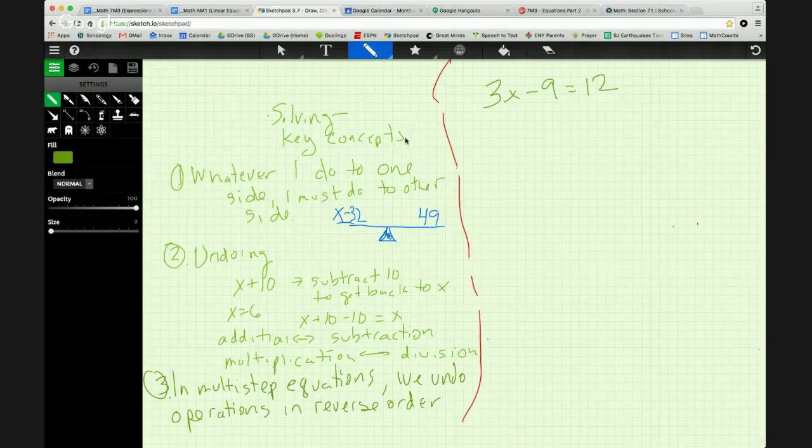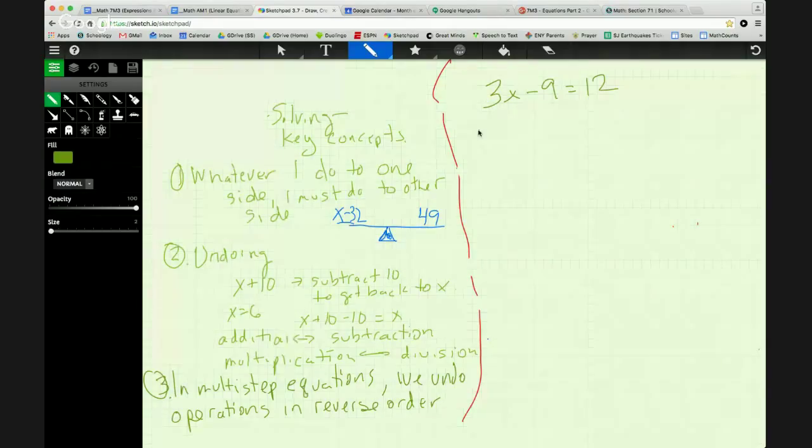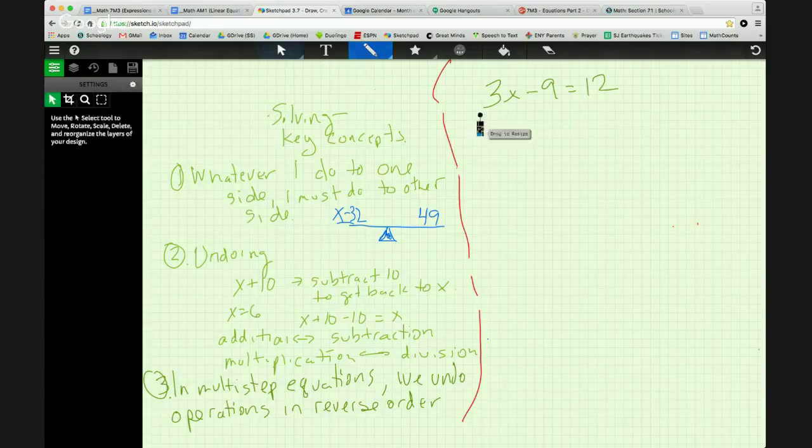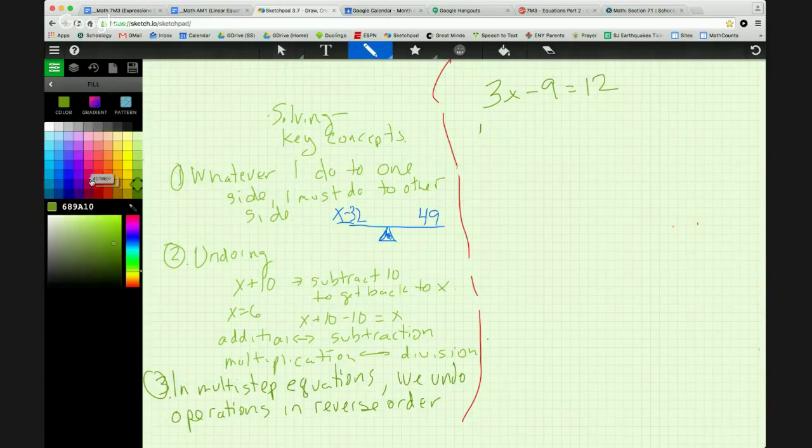I want you to figure out what the strategy is here. Write down, what did I do first? And then what did I do second? Then we're going to undo it in the opposite order, and then we're going to solve. So I want you to fill this out, and then pause, and then come back.